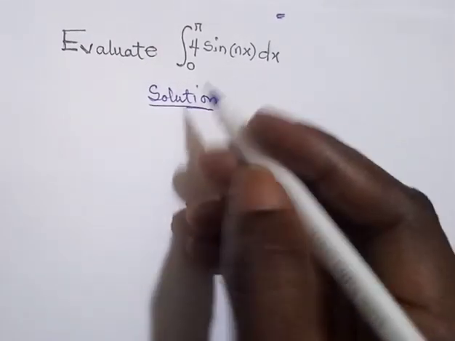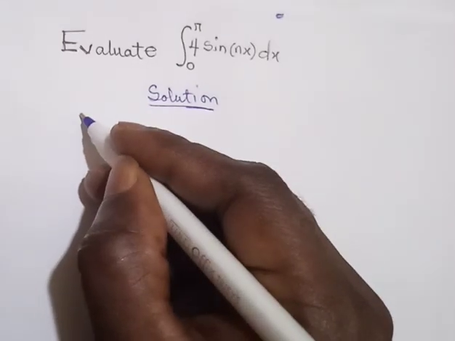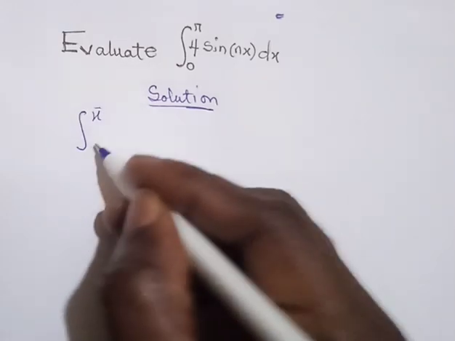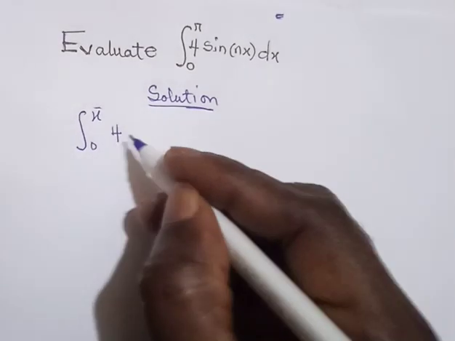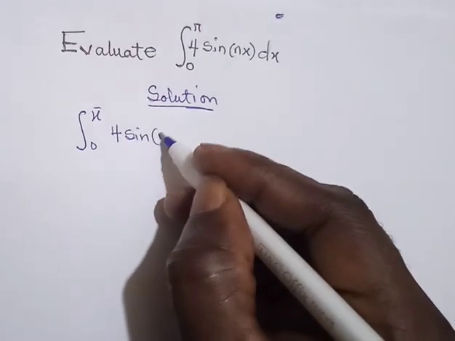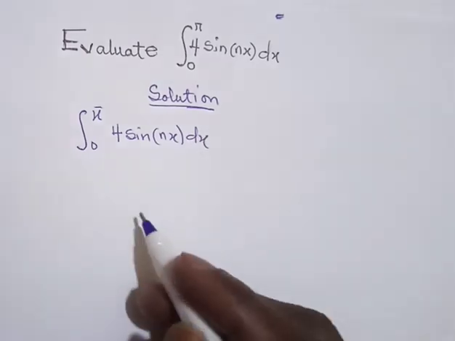Okay. So let's write our question again. So we have the integral from 0 to pi of 4 sine nx dx.